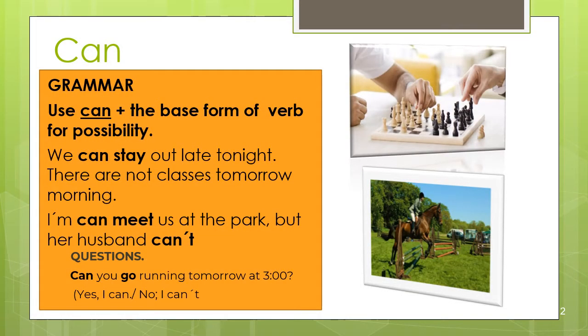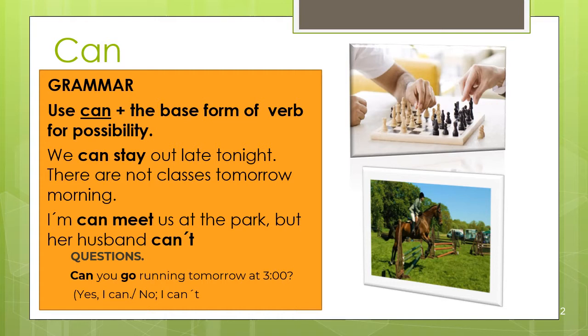Okay, we are going to start explaining the auxiliary can. When are we going to use the auxiliary can? According to the grammar, we use can when we are talking about possibility or about ability.